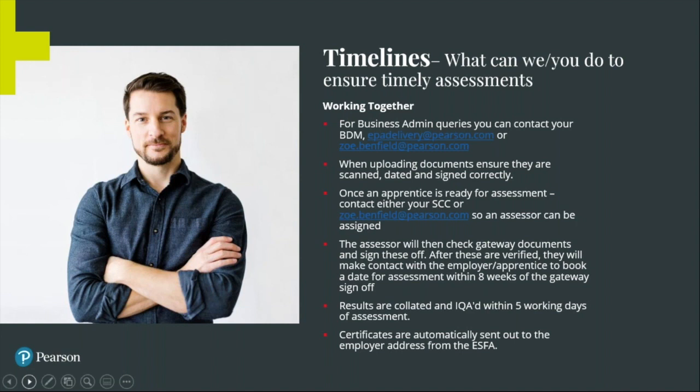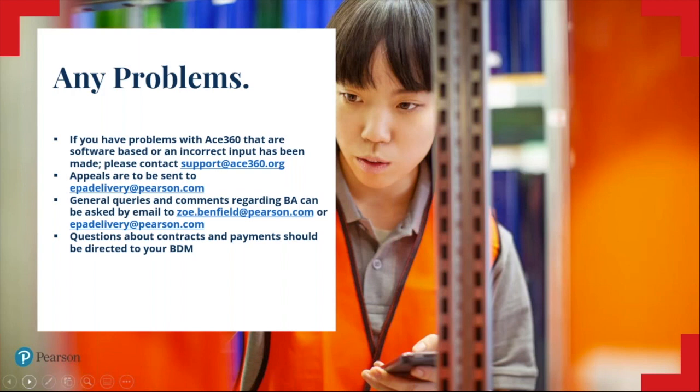And the results are collated and IQA'd within 5 working days of assessment. In terms of certificates, these are sent out automatically by the ESFA. And in terms of resits, you can request this on ACE after all the documentation has been uploaded. And we can work together to do this.